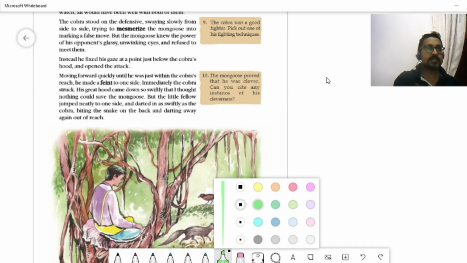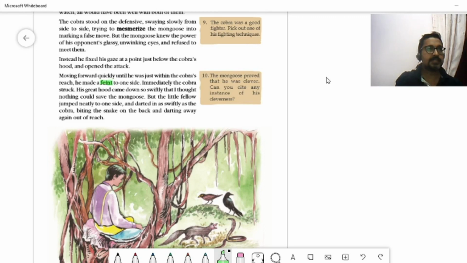Look at those difficult words there. Feint. Again, immediately. The word immediately may be difficult for some of you. Again, the meaning of the word struck I have given earlier.